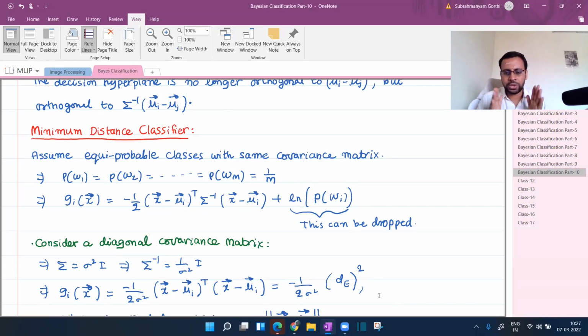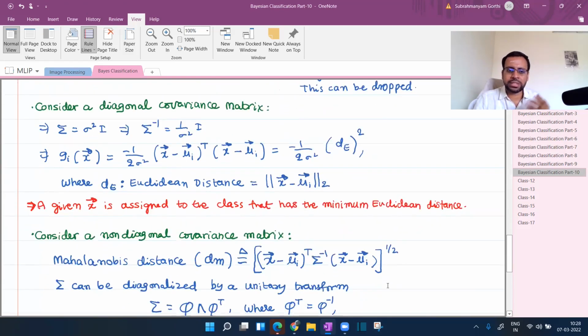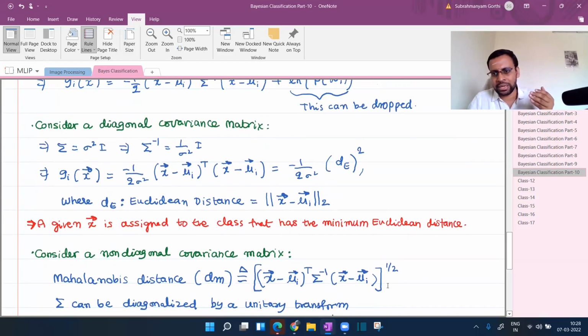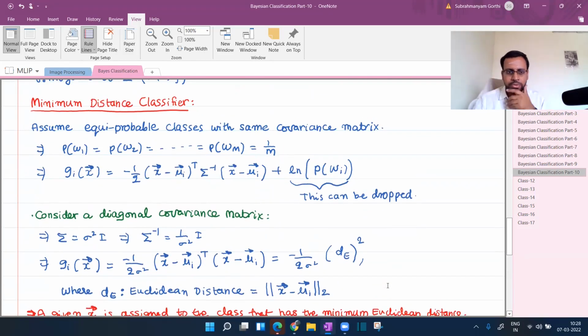Again, for this, so that we'll be able to get some insights, consider a special case where the prior probabilities are same for all classes, and still, of course, the covariance matrices are same. We'll start with the diagonal covariance matrix, then we will move to non-diagonal covariance matrix.